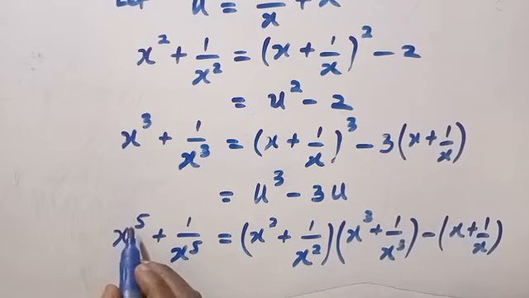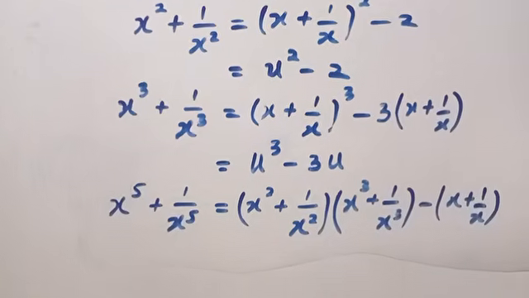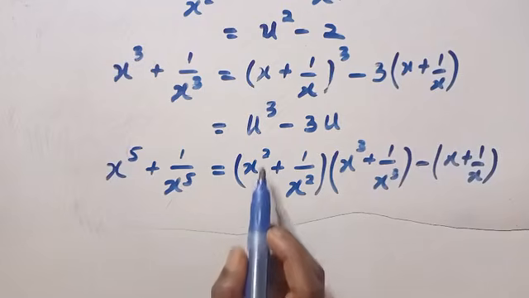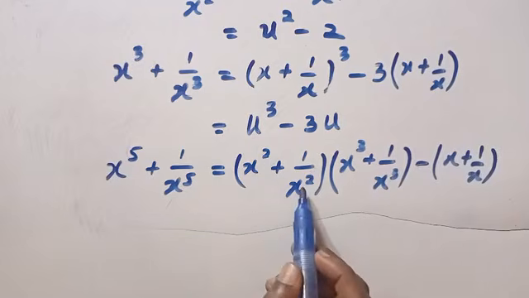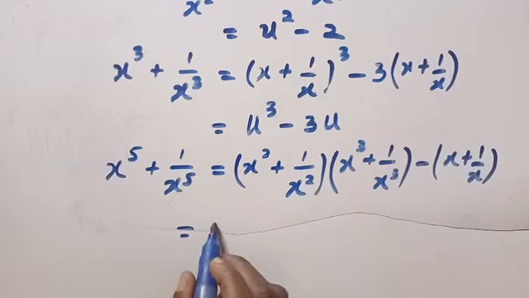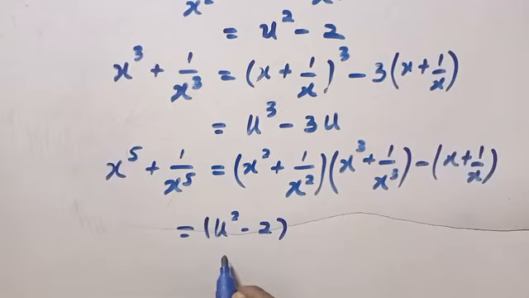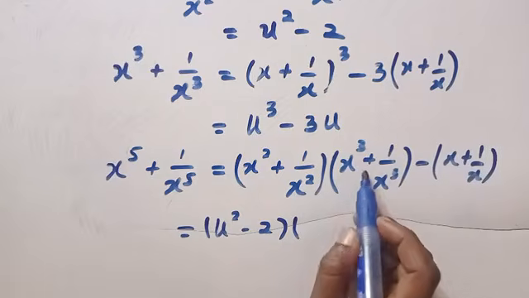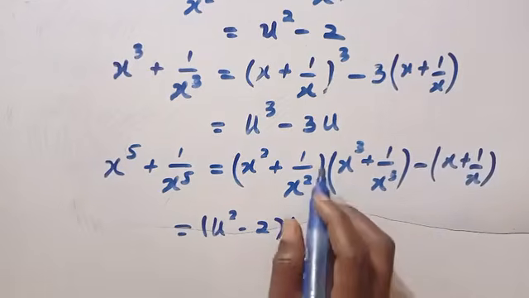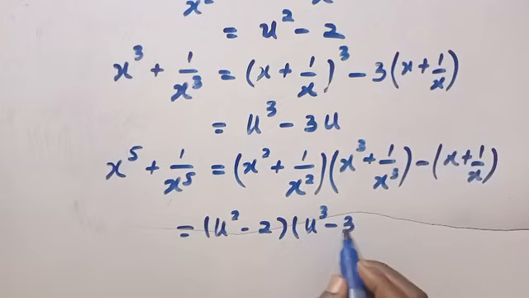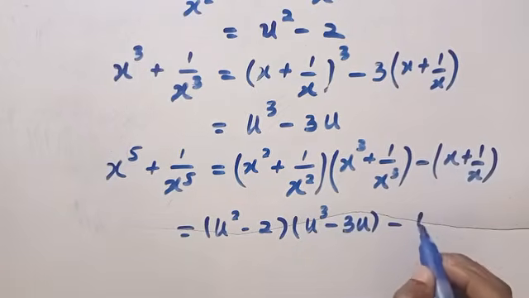We are going to get x power 5 plus 1 divided by x power 5. Note that x power 2 plus 1 over x power 2 is given as u squared minus 2, and x power 3 plus 1 divided by x power 3 is given as u power 3 minus 3u. Then minus u.